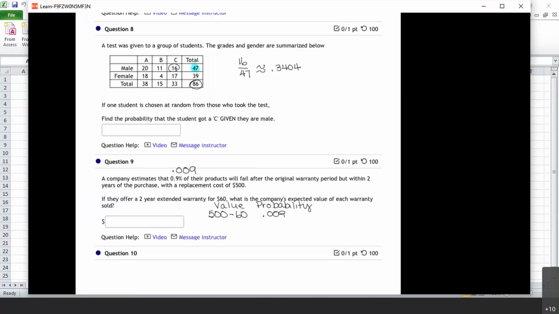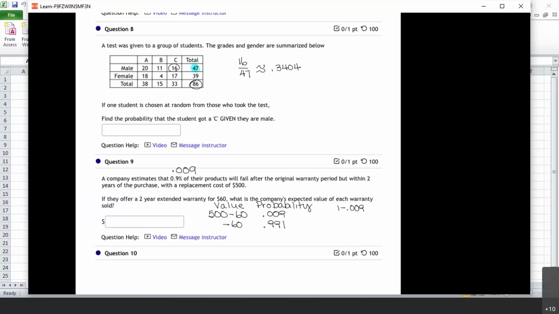The other probability is that our product doesn't fail. In that case, we're out the $60 for the warranty and we don't get anything back for it. And then we have to figure out what that probability is. So it's 1 minus 0.009, which is 0.991.